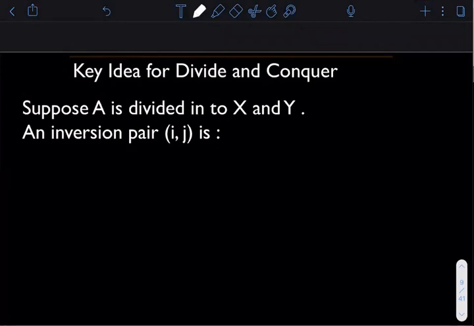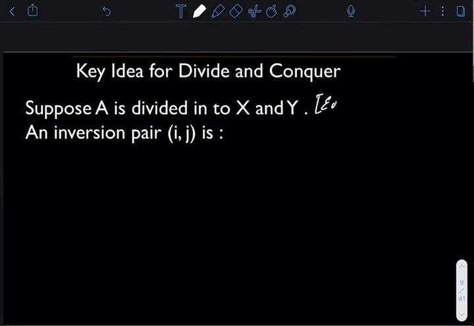So you can assume that each is of size n by 2. There is no hard and fast rule; you can also divide it as n by 3 and 2n by 3, and that's perfectly fine. But the natural way is to divide into two equal parts.